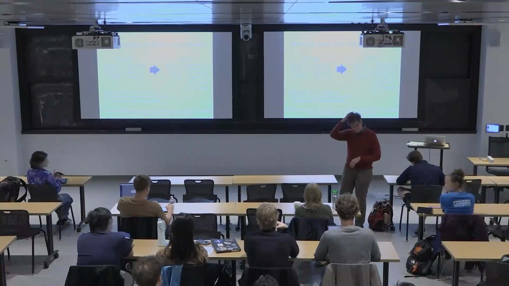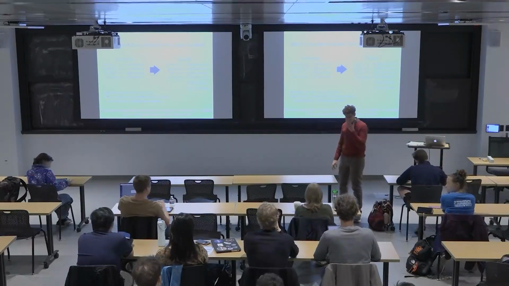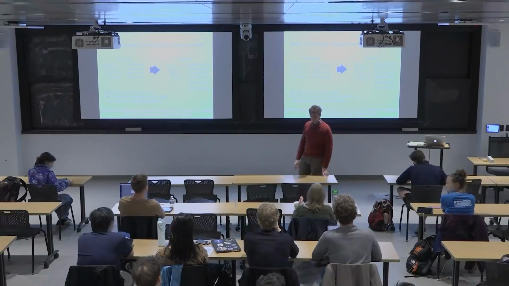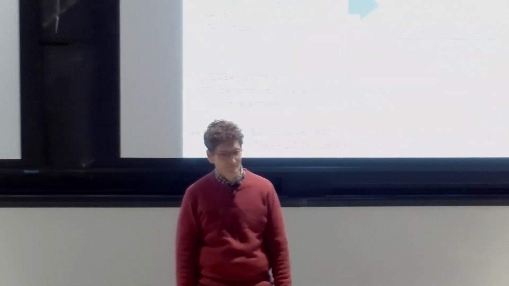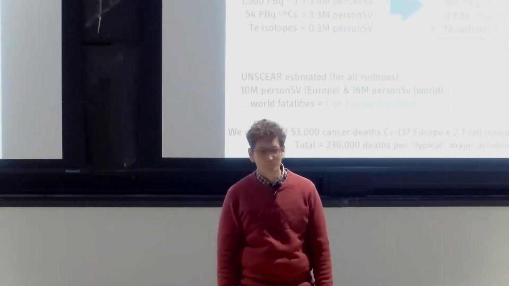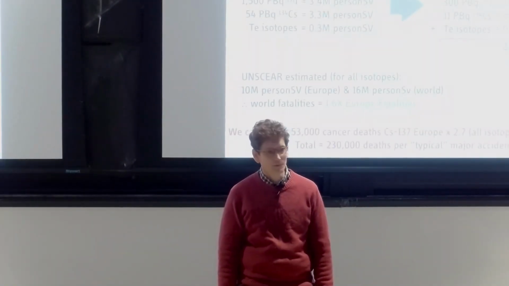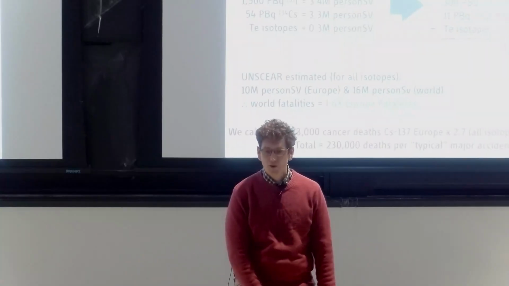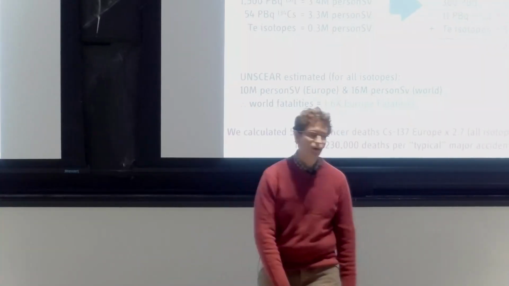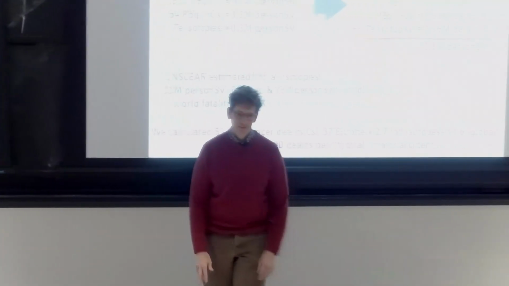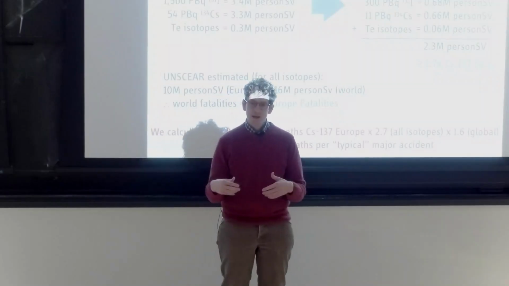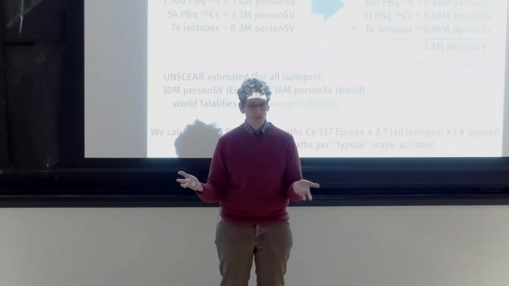Because it's not clear to me whether this means there'll be 250,000 deaths in like months after. No. They are spread out. They're spread out over 100 years. They just appear as people who just got cancer.